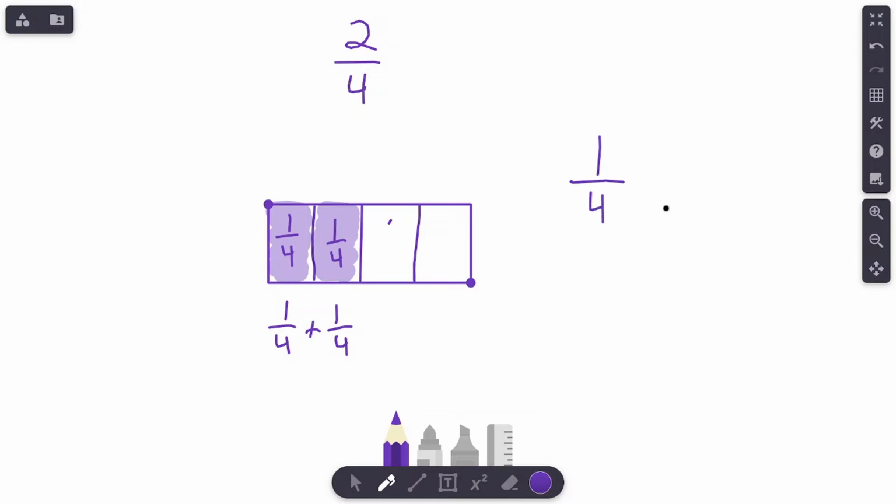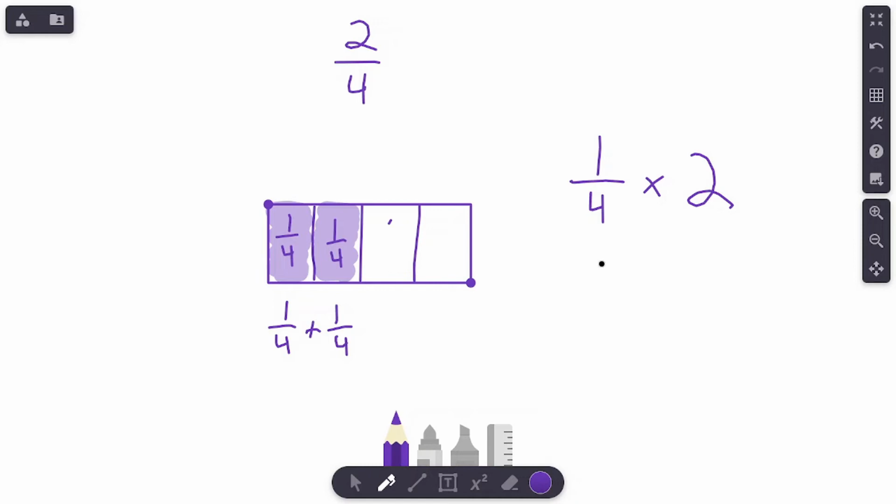So we've got 1/4 times what? Well, my question is, how many of those 4ths are we adding together? We're adding together 2 of those 4ths. Here's 1/4 and there's another 4th. That's 2 of them. So 1/4 times 2 is the same thing as 1/4 plus 1/4.